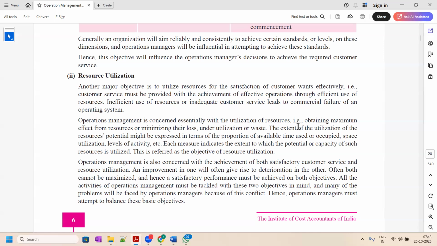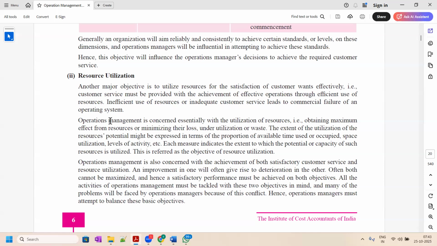So it's the proper utilization of resources to make sure that we get the end product without inefficiency, while maintaining the proper standards that are required. That is what we are talking about.